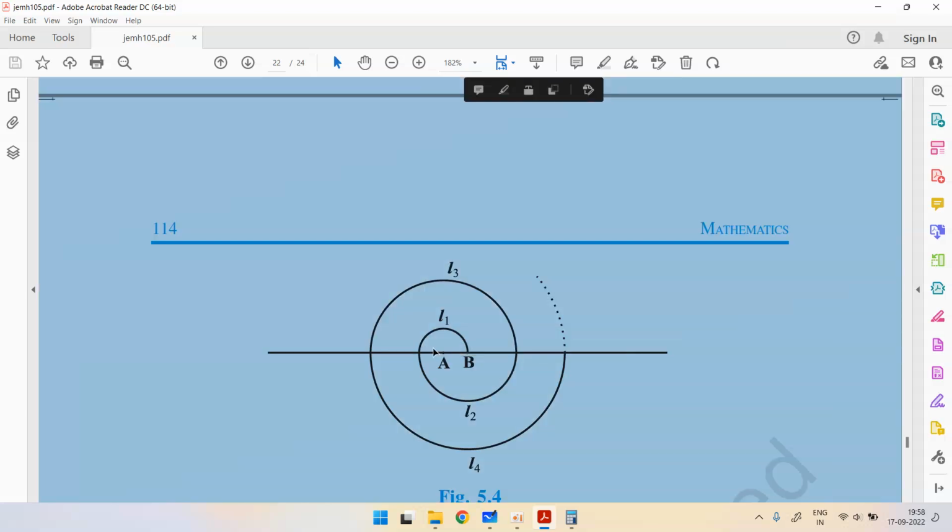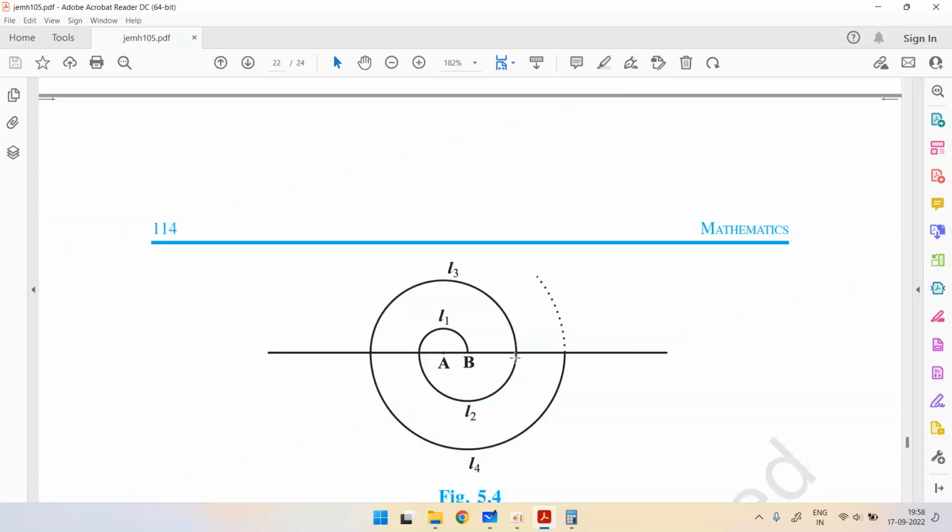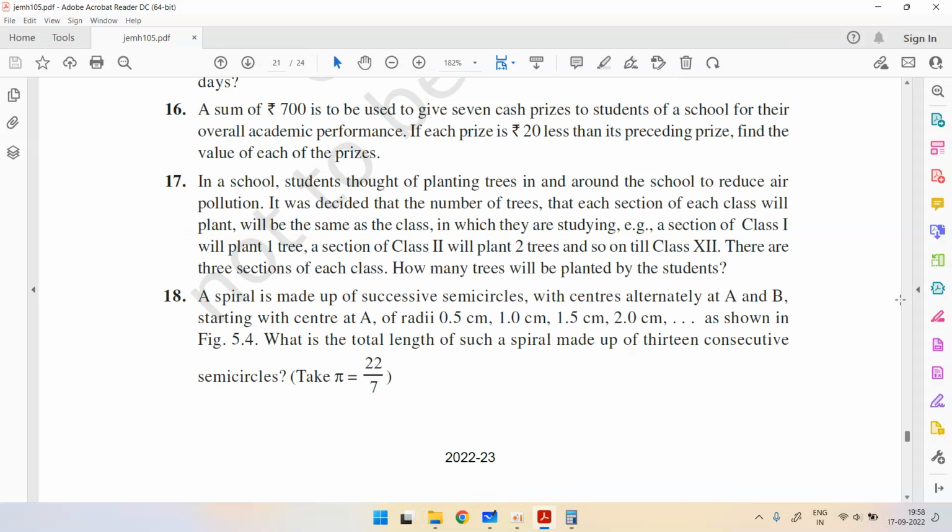They have taken A as center, then B, then again A, and so on.